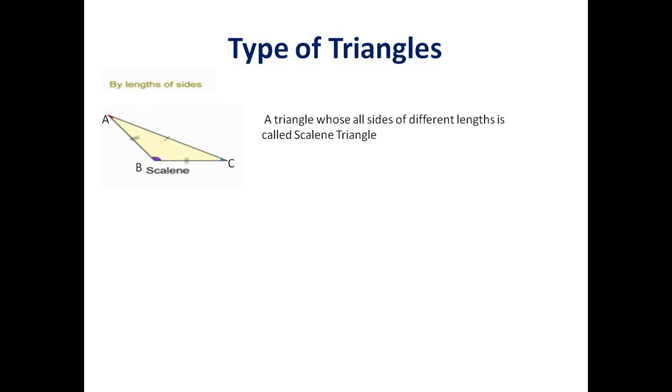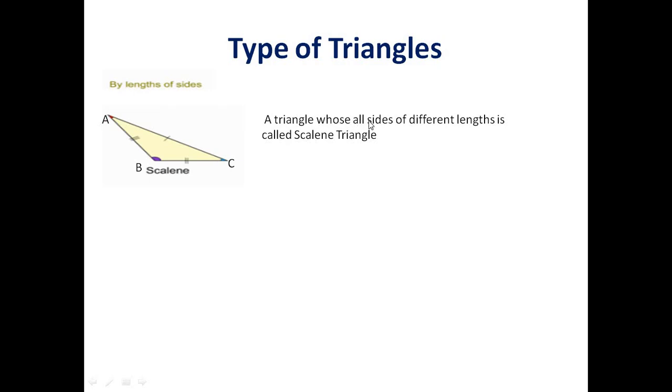There are classifications of triangles based on their sides and their angles. First we will see the lengths of the sides. Based on the lengths of the sides, a triangle has been classified into three types. The first one is the scalene triangle. Here I have written indications 1, 2, 3.